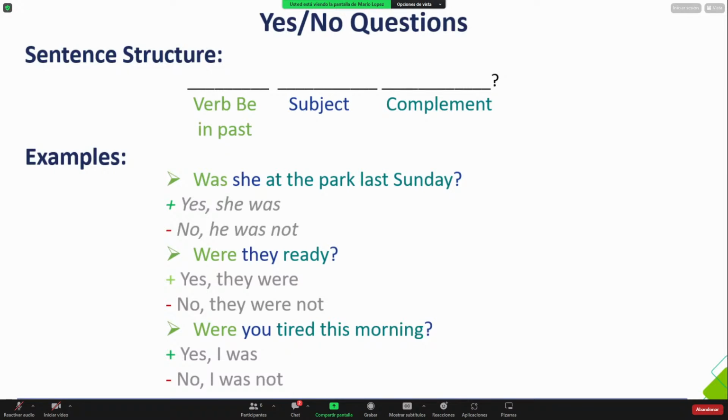Importante tener eso presente, ¿verdad? Preguntas con you, cambian la respuesta. Las demás continúan igual. Si se pregunta con she, se responde con she. Si se pregunta con they, se responde con they. Solamente las preguntas con you cambian. Okay, continue.